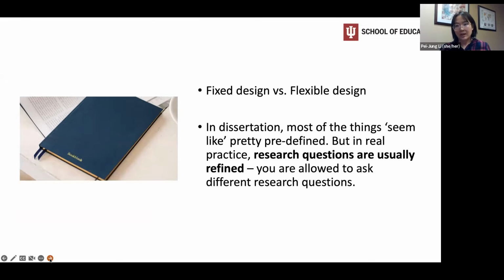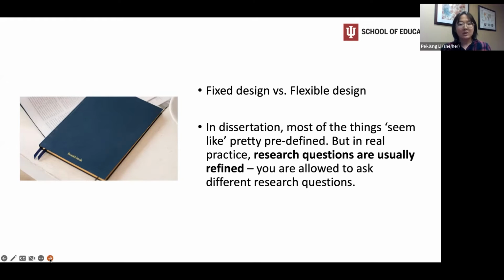But in reality, especially in most dissertations, the research questions are usually refined, and you are also adjusting your research design or activity throughout. The fixed design basically relates to your methodological considerations, but also your major, and these designs are used to, quote unquote, test the question.